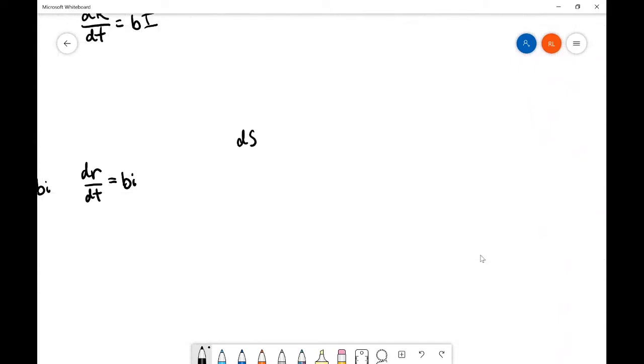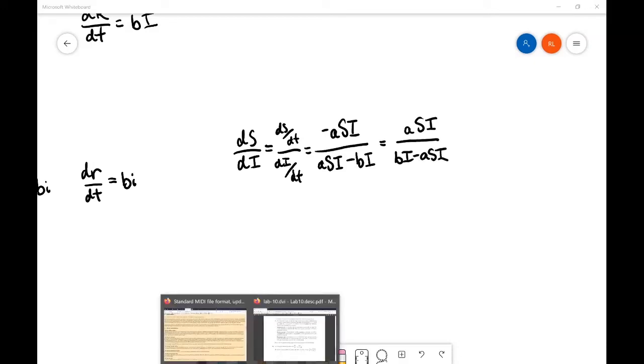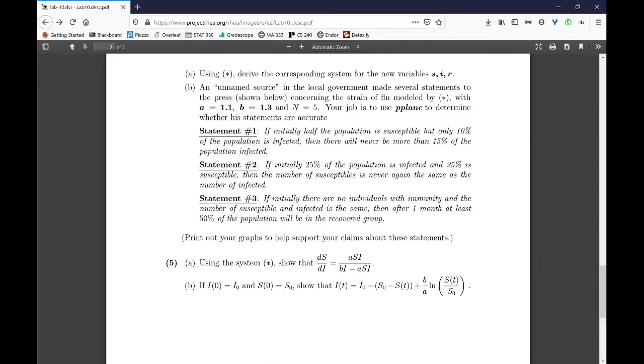We know that dS/dI is equal to dS/dt over dI/dt, which is equal to negative aSI over aSI minus bI, and taking this negative out of the top, we get aSI over bI minus aSI, which should agree with our fraction here.